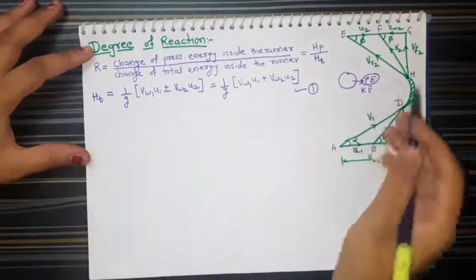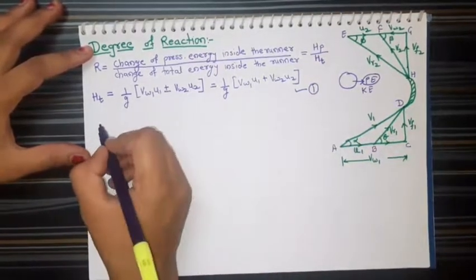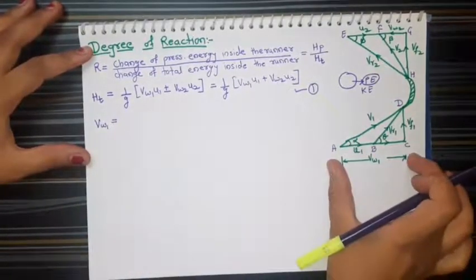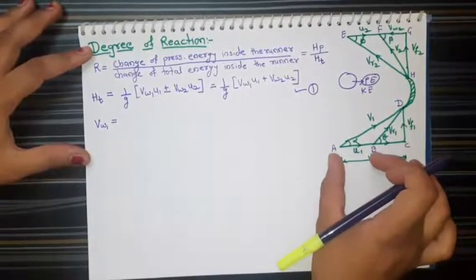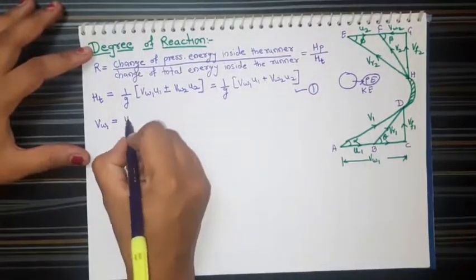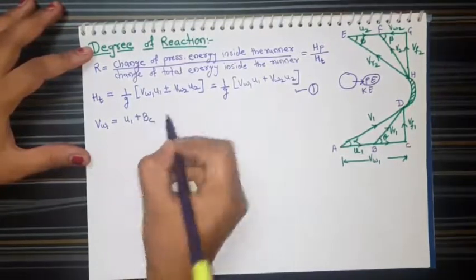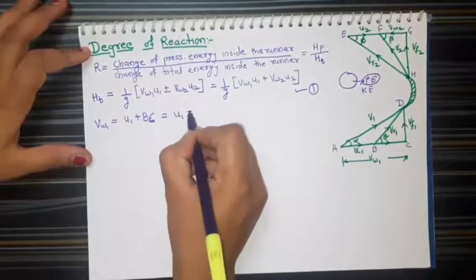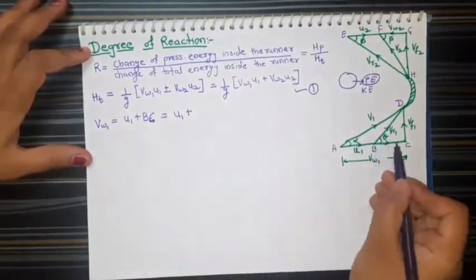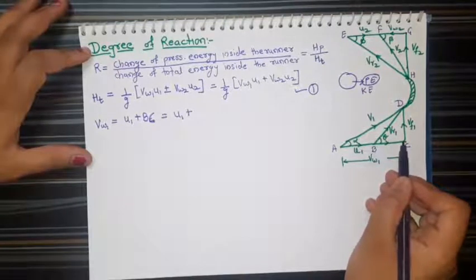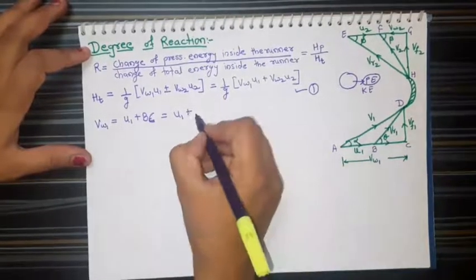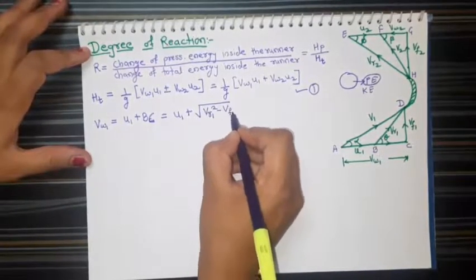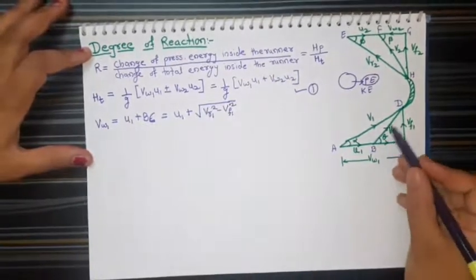Now from the velocity triangle, VW1 is equal to AC, which is AB plus BC, that means U1 plus BC. This BC is equal to the square root of VR1 square minus VF1 square from this right angle triangle.